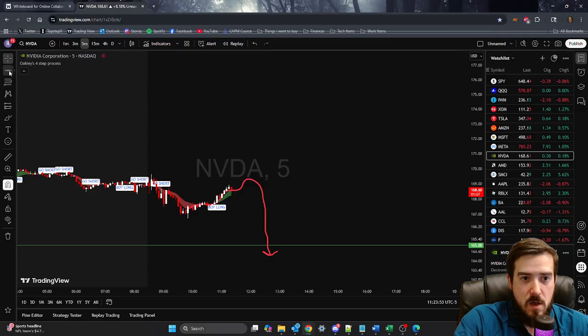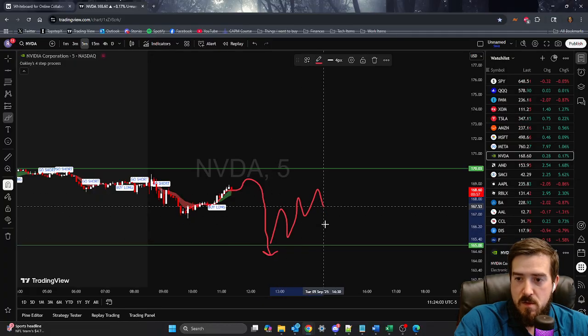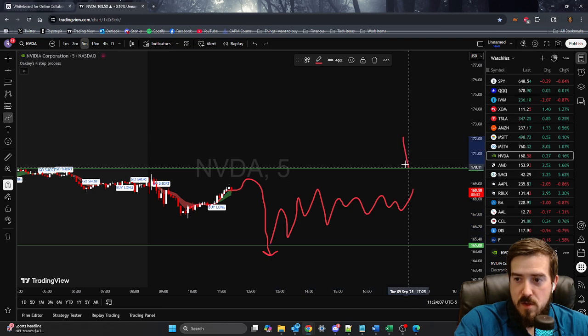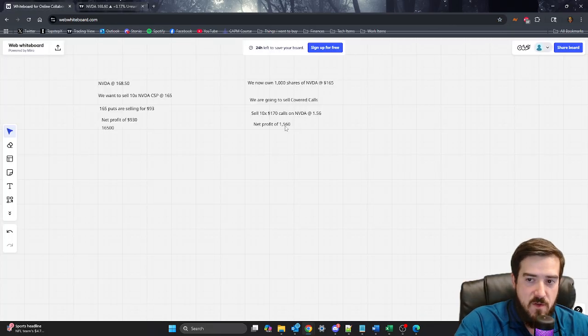So let's draw our line here. Above 170. So as long as Nvidia just does something like this and it stays underneath that line, you get to keep that $1,500 and you get to keep your shares.